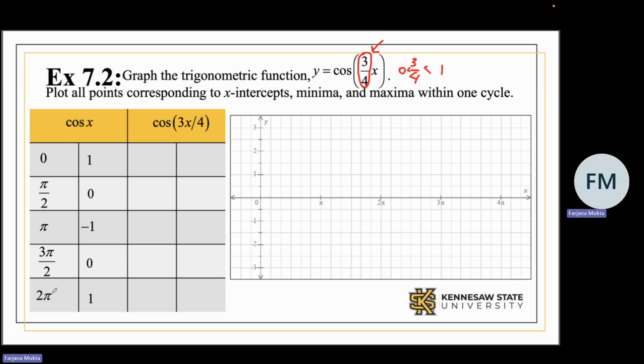here in the first two columns of the table, we are listing for the parent function cosine x. For cosine 0, we get 1. For cosine pi by 2, we get 0. For cosine pi, it's -1. Cosine 3 pi by 2 is 0. Cosine 2 pi is 1.